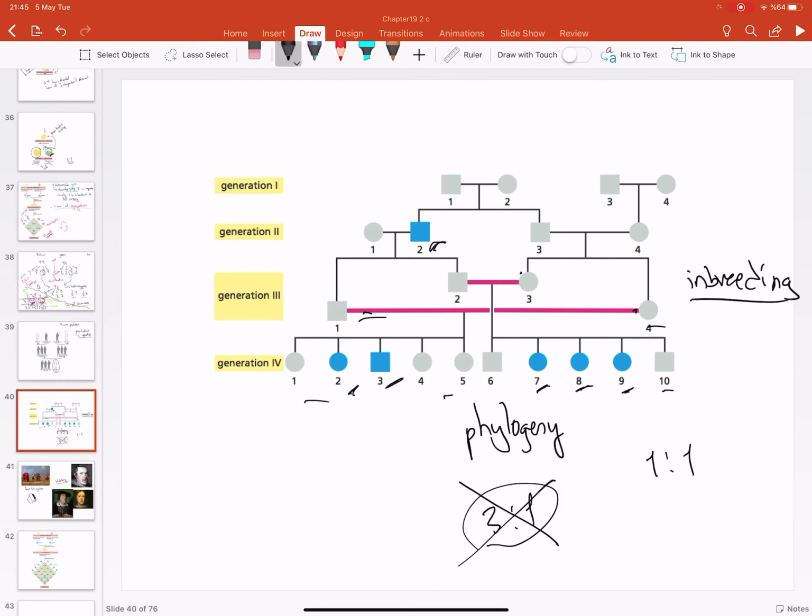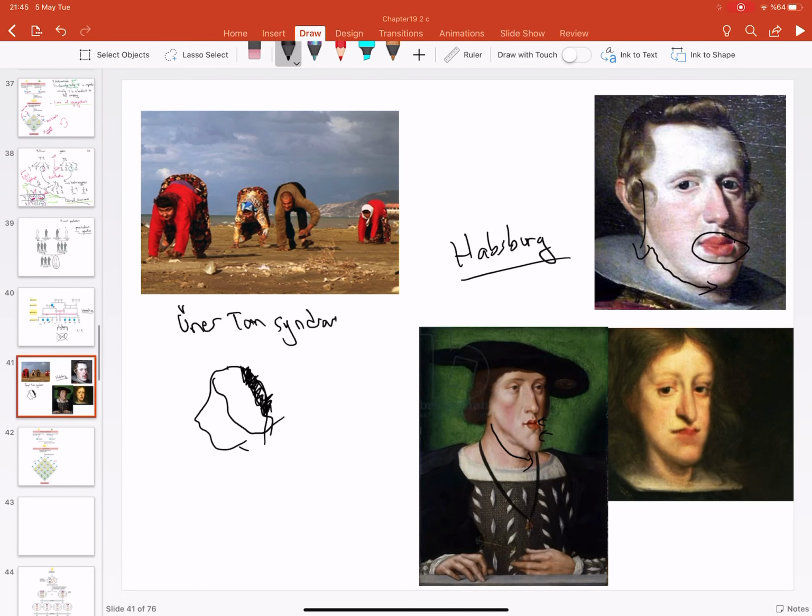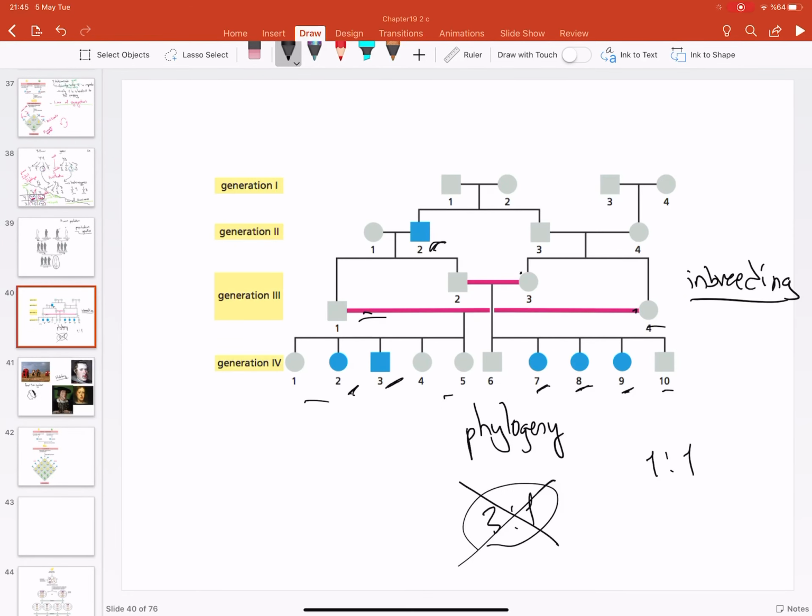So as you see here, this inbreeding brings the recessive alleles together. The recessive alleles, which normally are hidden when there is no consanguinity, they emerge. And because they emerge, this alters the population genetics.